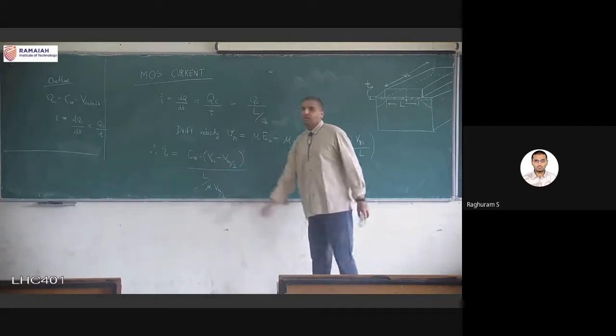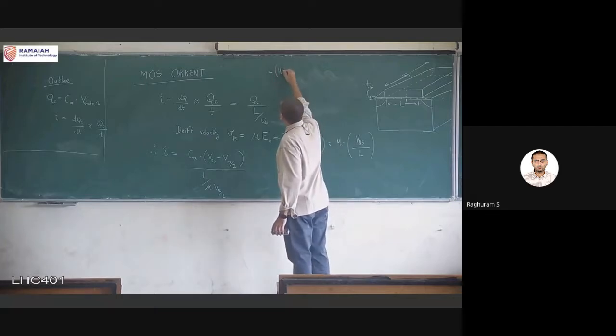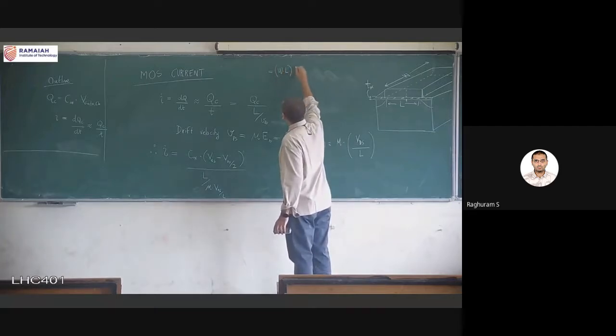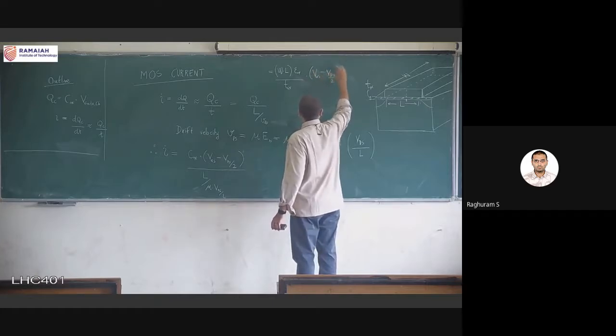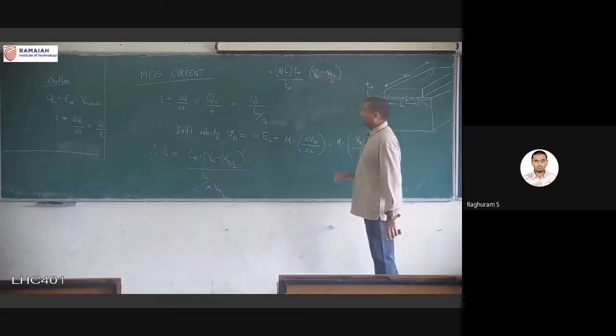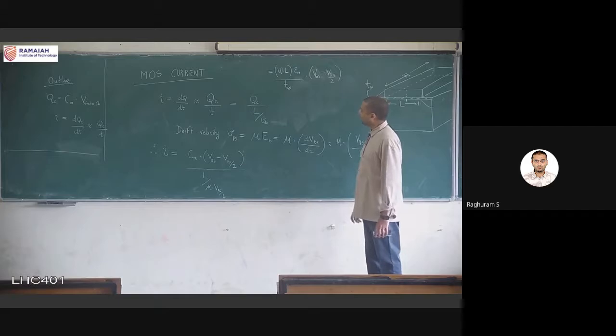Okay, so C oxide, we had the expression W into L into epsilon ox divided by T oxide, VGS minus VDS by 2. Up and down, whatever we can move, we will try to move that.